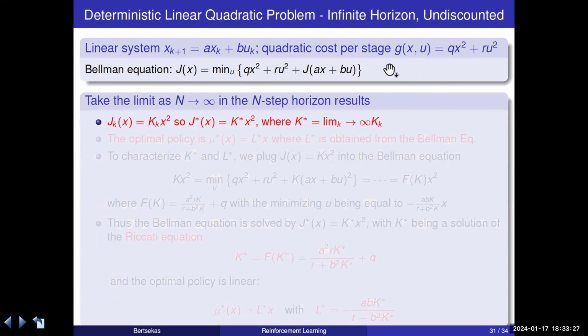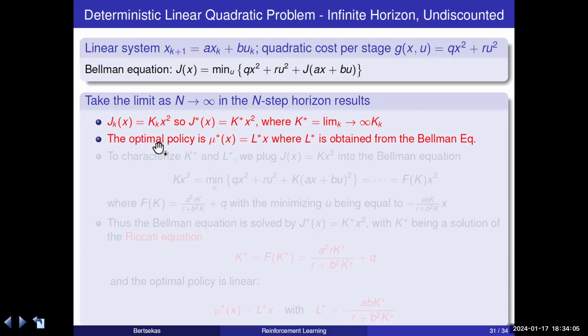Now, why would it be quadratic? We know that the K stage's optimal cost is quadratic with a cost coefficient K_k, which can be calculated with a recursion. So assuming that these K's converge to something as k goes to infinity, and that something is K star, by the value iteration theorem, we expect that the optimal cost of the linear quadratic problem is K star X squared.